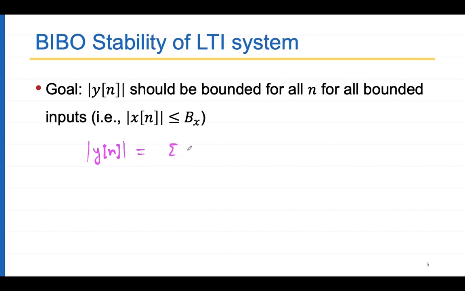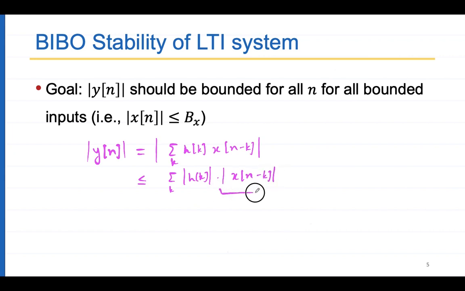I can write it as a convolution operation, basically h of k times x of n minus k summation over all k, right? And now I know that this is always less than or equal to the sum over individual terms, which means h of k into x of n minus k.